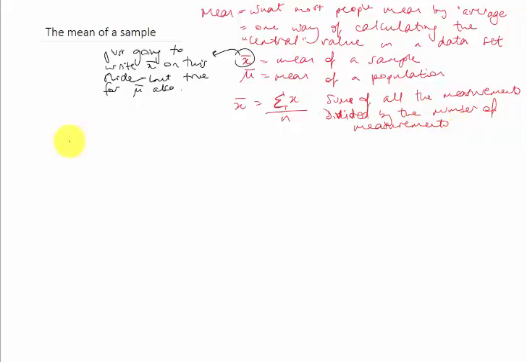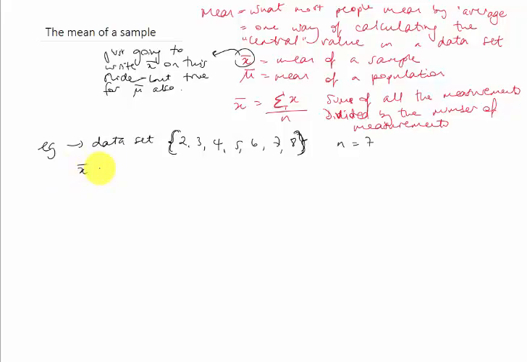So I'm just going to show you a couple of examples. How about this data set? So I've got my curly brackets around the different values: 2, 3, 4, 5, 6, 7 and 8. Close the curly brackets. So there are 1, 2, 3, 4, 5, 6, 7 measurements, so n is 7.